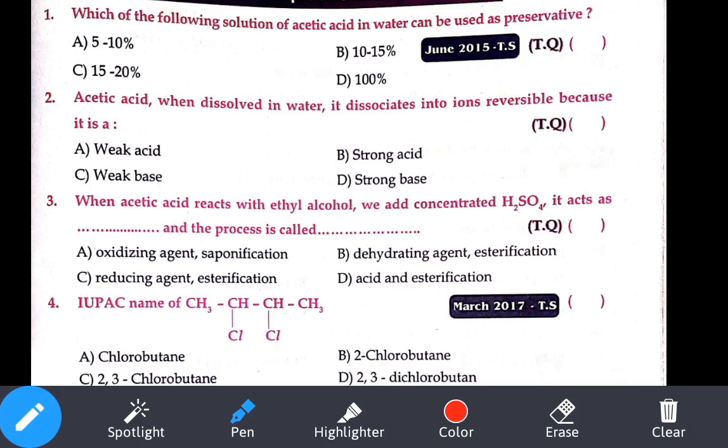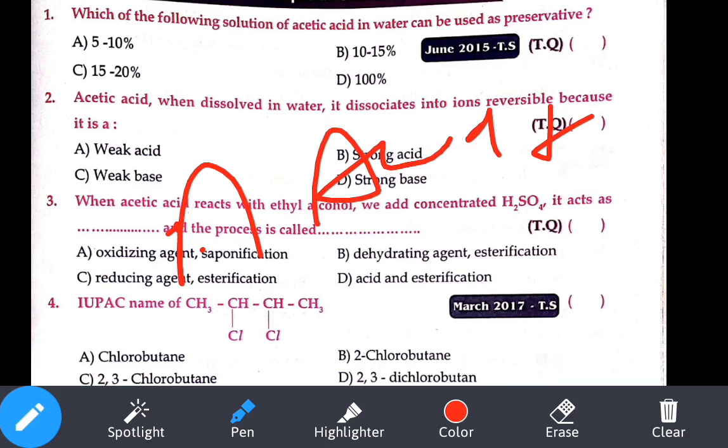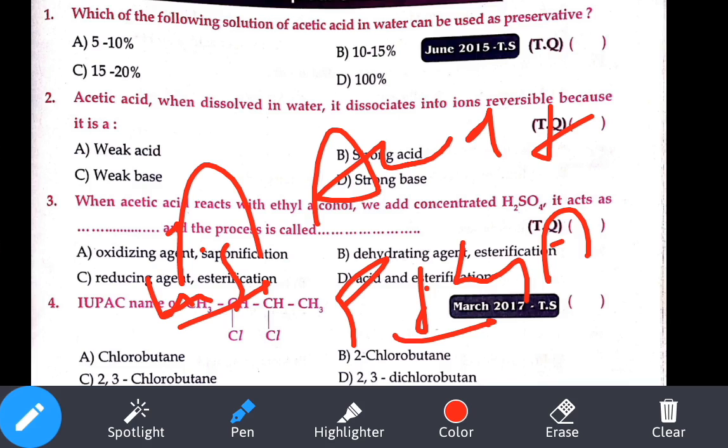When acetic acid reacts with ethanol, we add concentrated H2SO4. It acts as dash and the process is called as. Acetic acid, when we add it with ethanol, or ethyl alcohol, both are the same, in the presence of concentrated H2SO4, what you will get here is an ester.